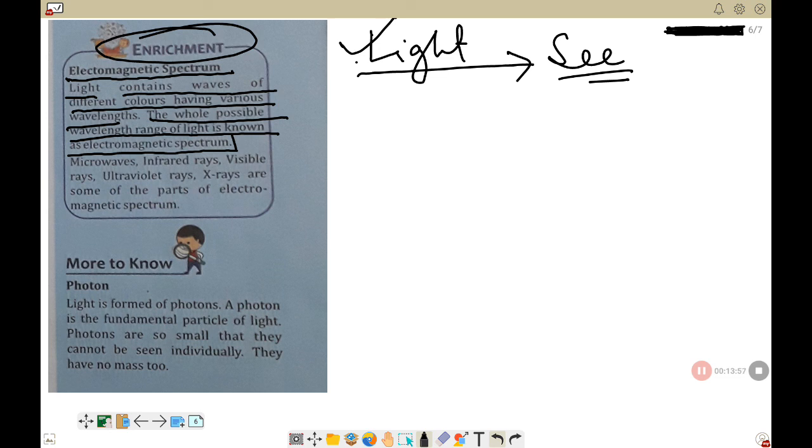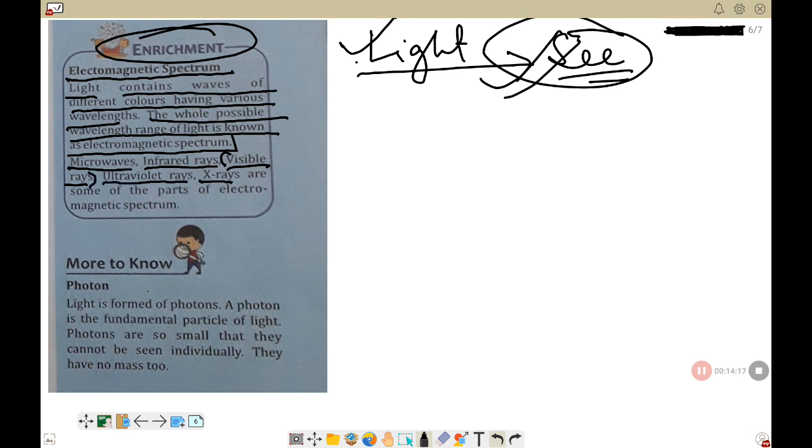But apart from this property, light even contains other wavelengths also, other spectrum also, like microwaves, infrared, visible rays, which means the rays of light which help us to see things, then ultraviolet rays, X-rays. So these are some other parts of the electromagnetic spectrum.